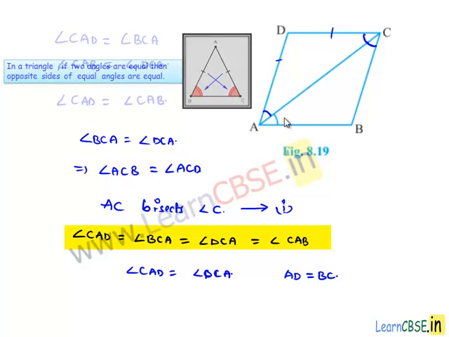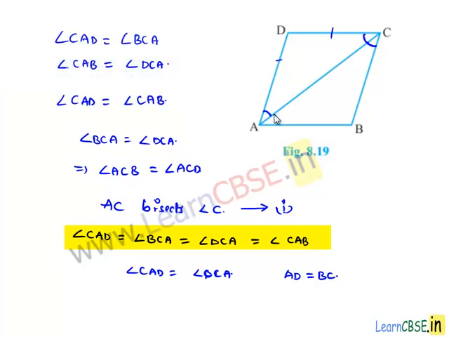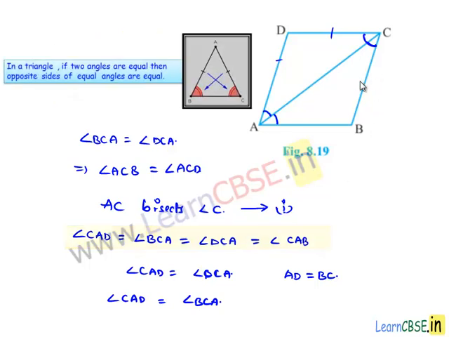By considering the other two angles, angle CAD is equal to angle BCA, and applying the same concept that sides opposite to equal angles are equal, we can say AB is equal to BC.